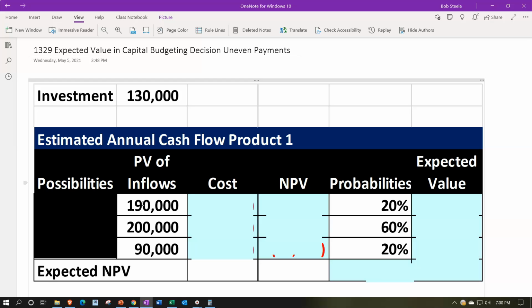We won't actually do that here because it would be tedious and long. If you want to figure out how to do present value calculations, we've done those in prior sections. But you can imagine a situation where we cannot just take the expected value for all years and then do the net present value, but rather do the net present value first for our 3 scenarios.